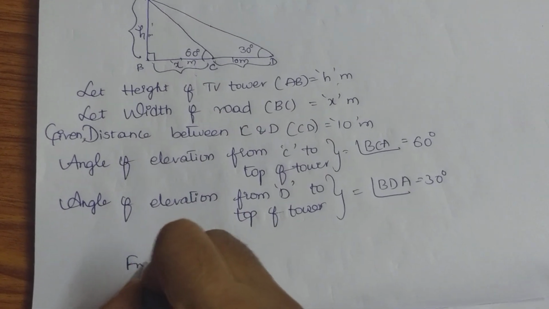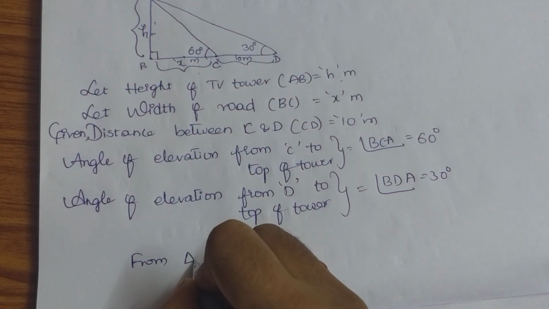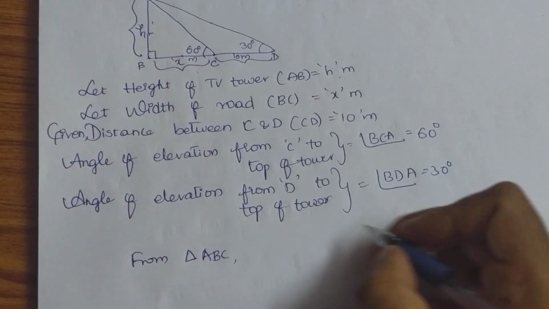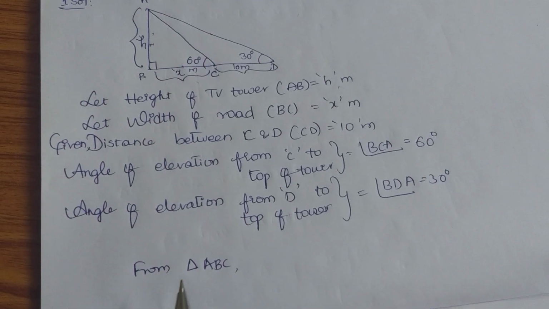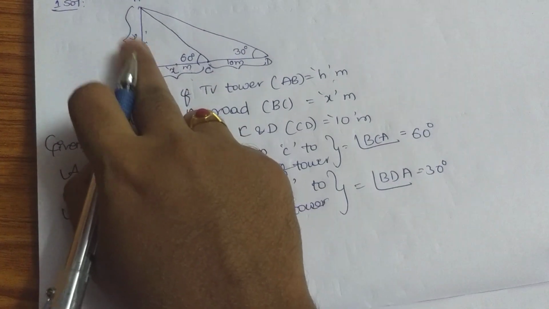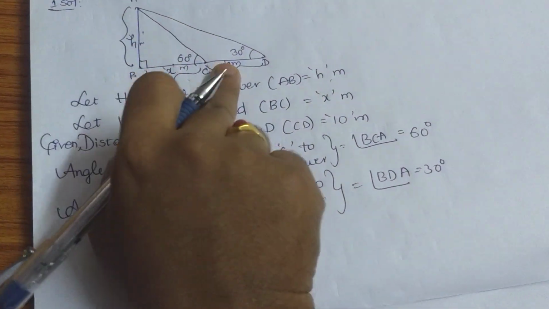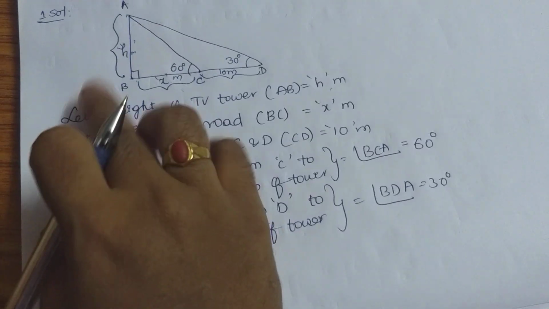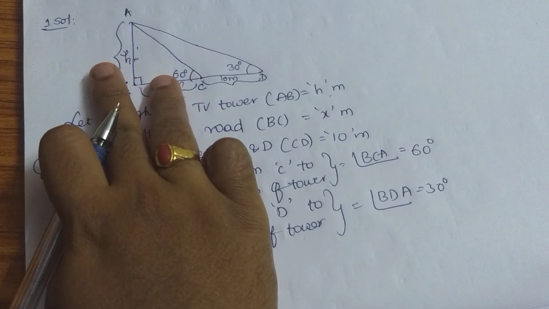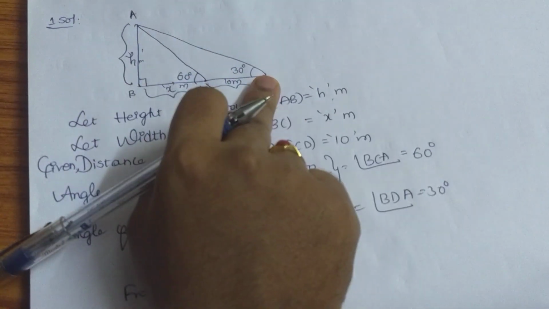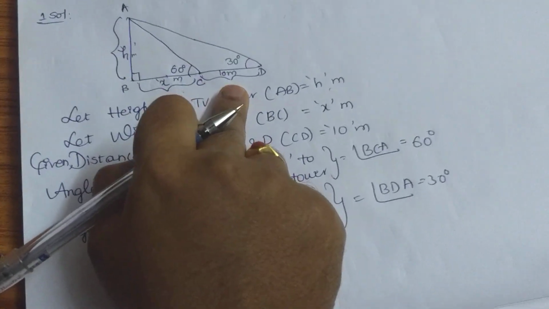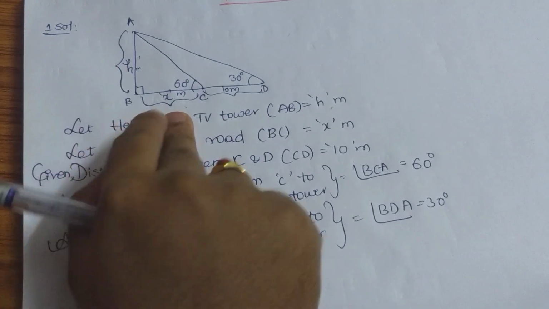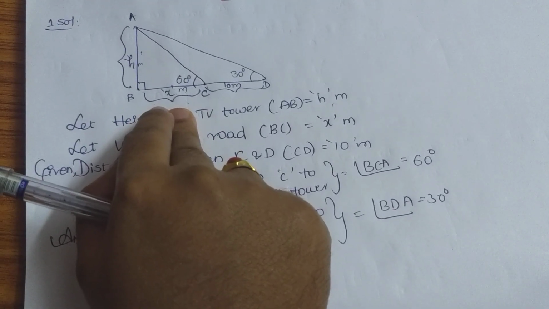First, let's consider triangle ABC. In both triangles, ABC and ABD, what are the sides that are involved? Only opposite side and adjacent side. When these two sides are involved, we have to take the applicable trigonometric ratios, either tan or cot.